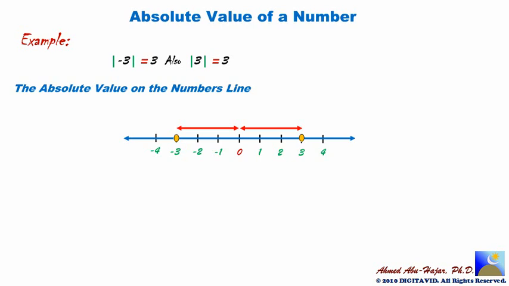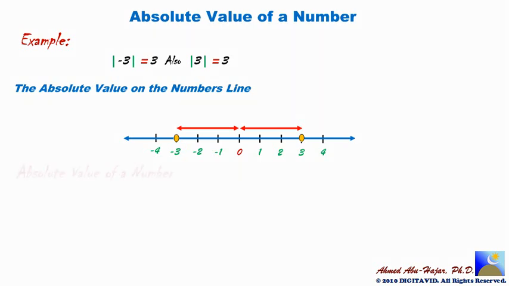As you can see, the distance from number -3 to 0 is also 3 units. Here is unit number 1, here is unit number 2, here is unit number 3, and the distance from -3 to 0 is 3, and also the distance from 3 to 0 is 3.